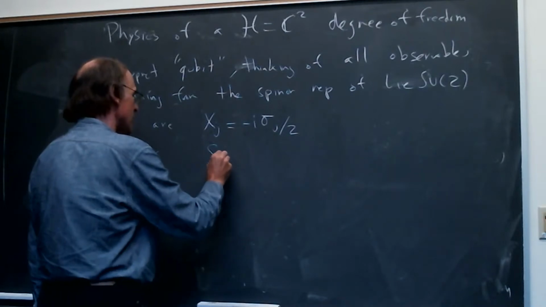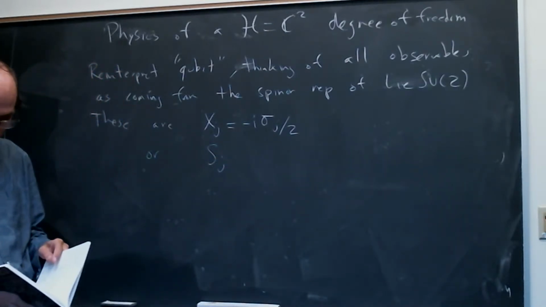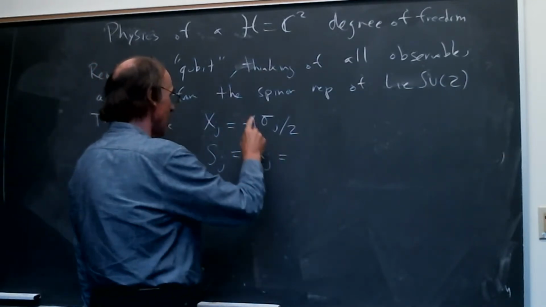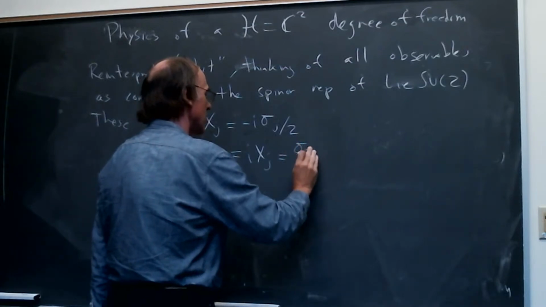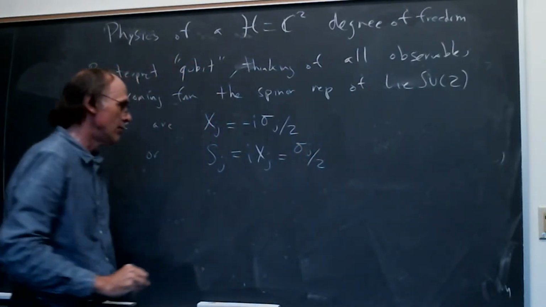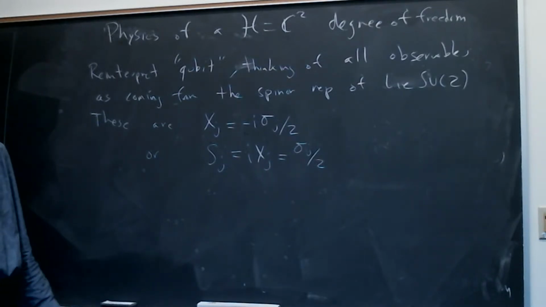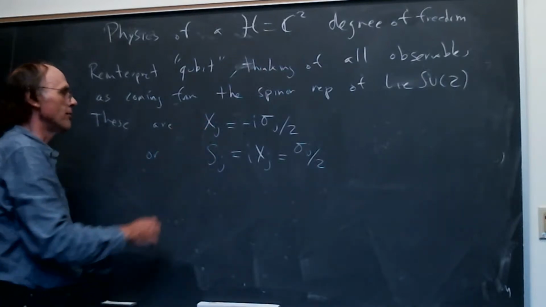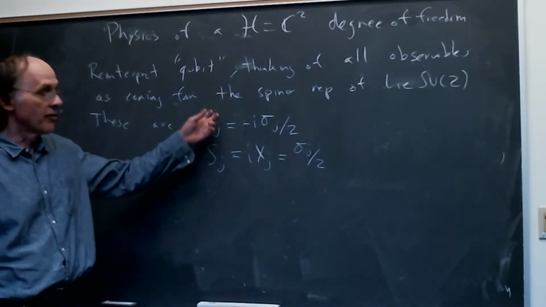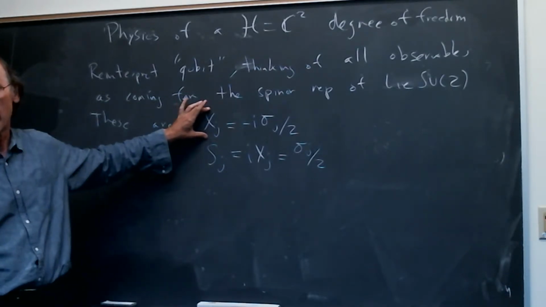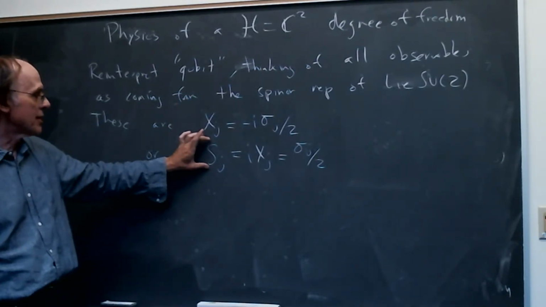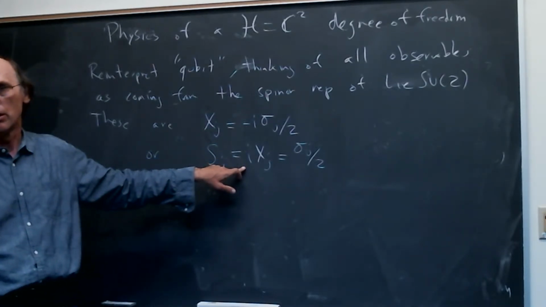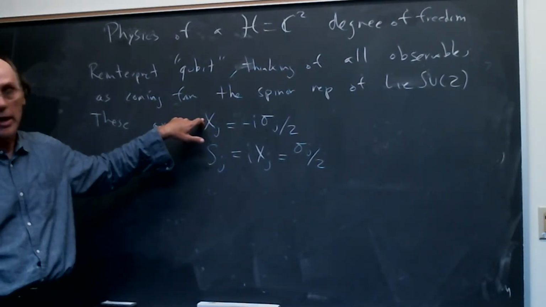I'll call these S_j, the physicist version: multiply i by X_j, and you get sigma_j over 2. These are really the same things up to an i, but the physicist's operators have real eigenvalues, whereas these will have pure imaginary eigenvalues.